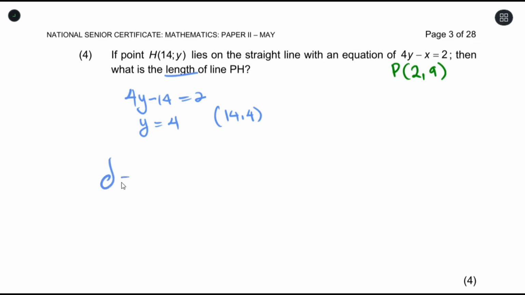So distance is equals to, the formula for distance is the square root of (x1 minus x2) squared plus (y1 minus y2) squared.